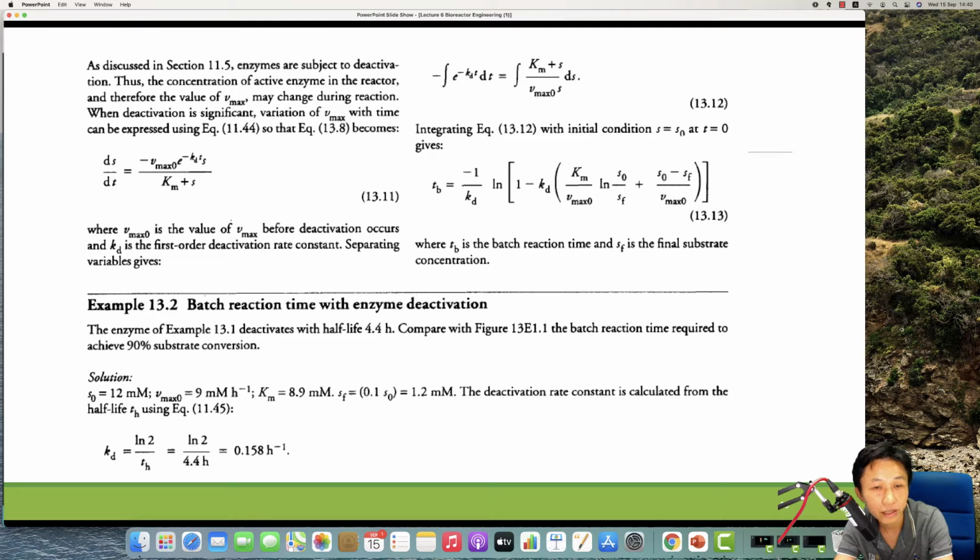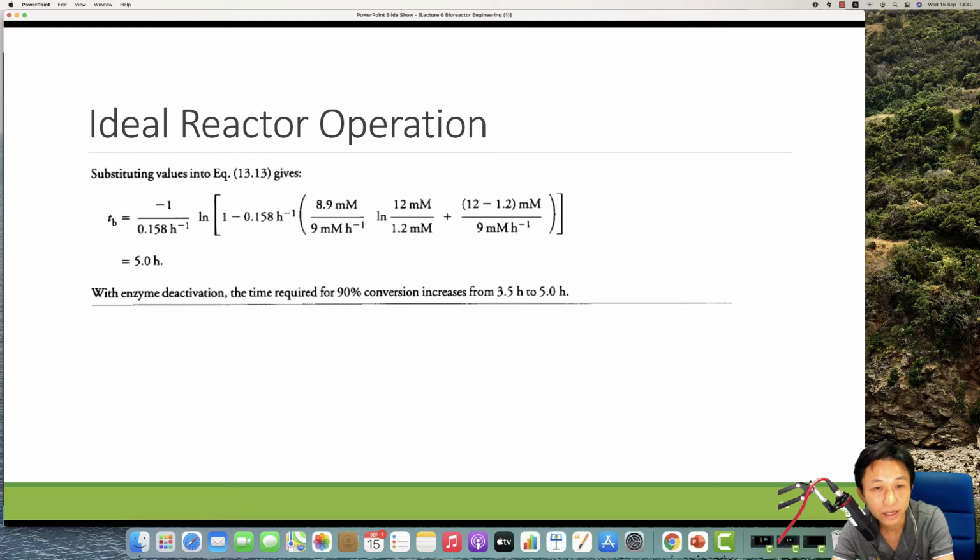If you are not familiar with the calculation, you can pause the video and continue the handwriting, for example, and then compare with the text that I gave you. If there is some deactivation of enzyme, you need more time to wait to get the same conversion.